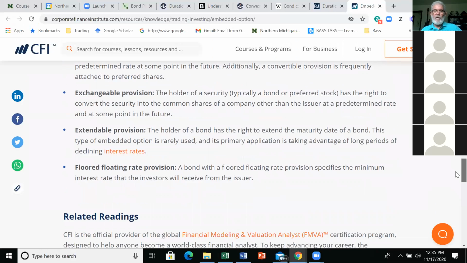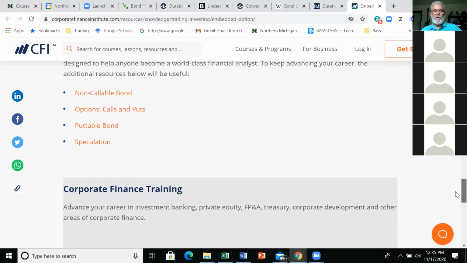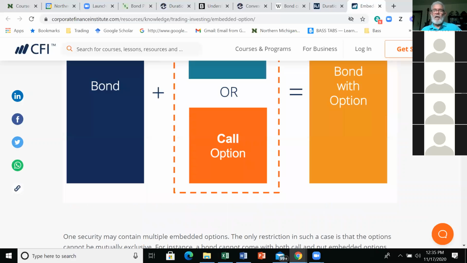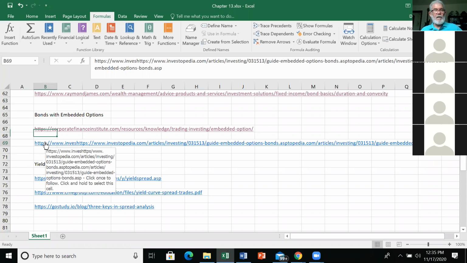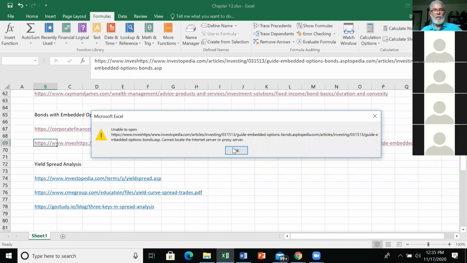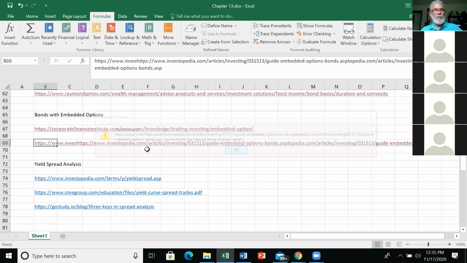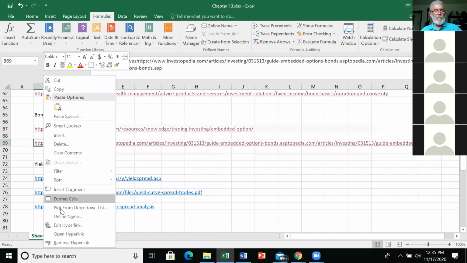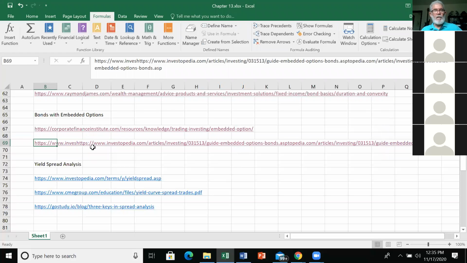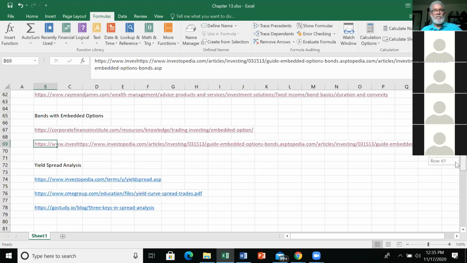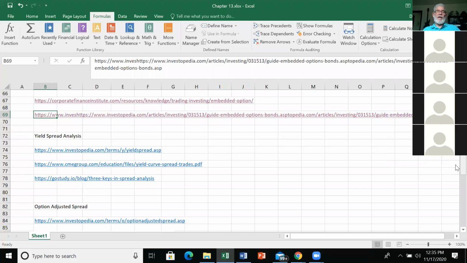So they're used to make the bond more attractive to the investor, which makes a bond issue that otherwise might not be able to be sold. The investor will take it, and it also allows the company to offer a lower interest rate, a lower coupon payment, and make it more attractive to investors.